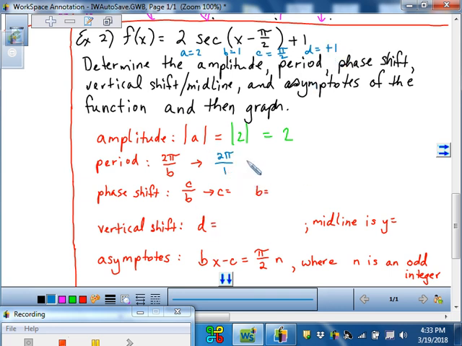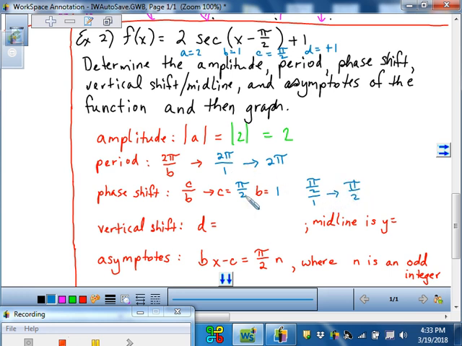So 2 pi divided by 1 is just 2 pi, so we have a period of 2 pi. Phase shift is c divided by b. Our c is pi over 2. Our b is 1. So our phase shift is pi over 2 divided by 1, which is pi over 2.